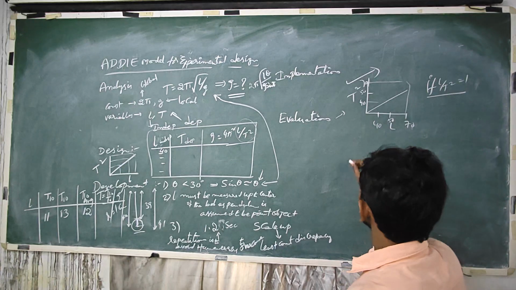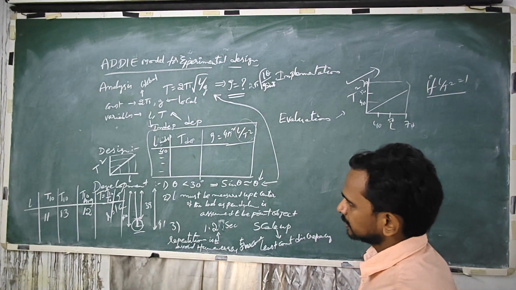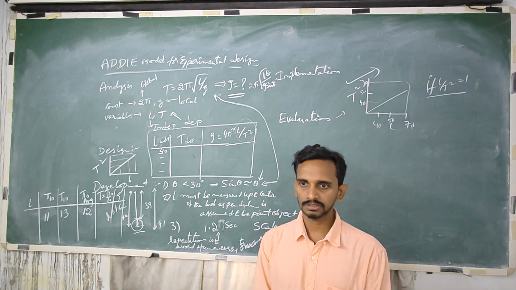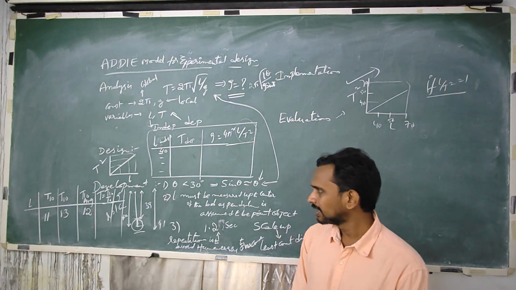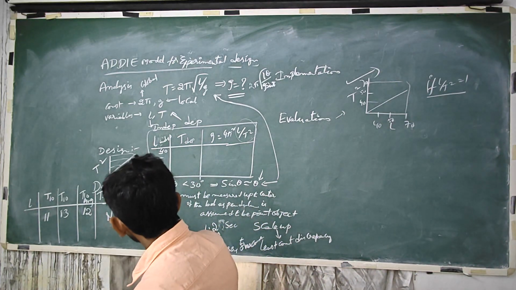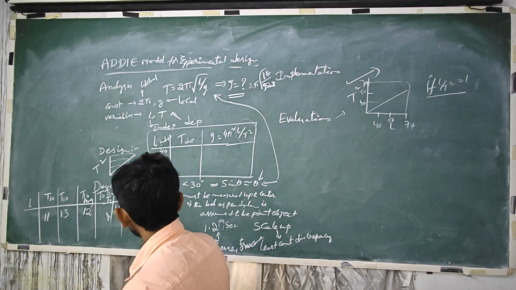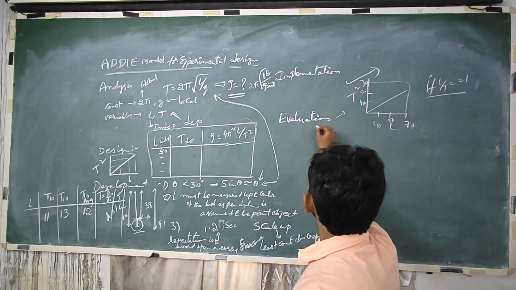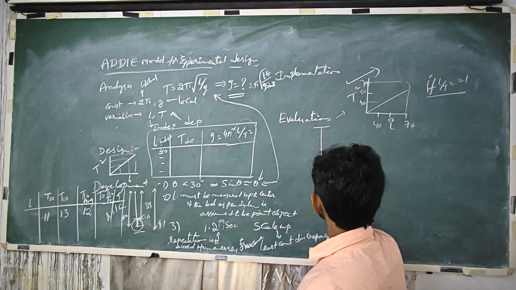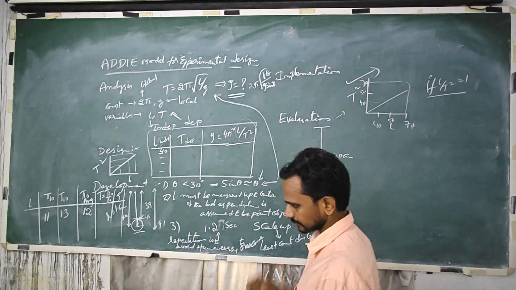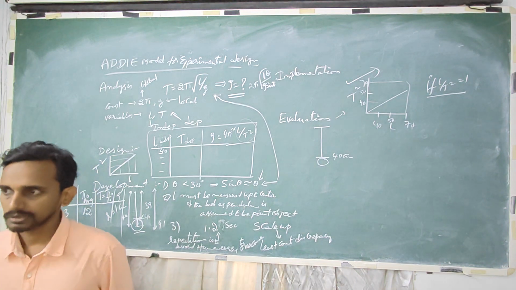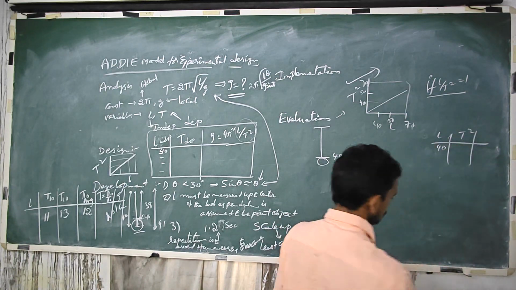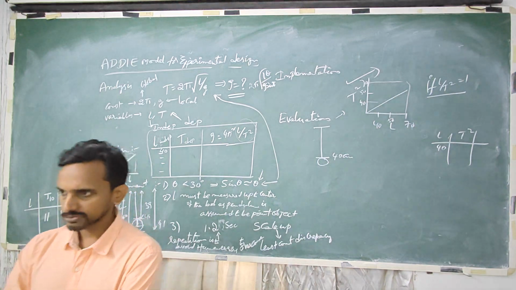And now let's say some user missed this rule, that length must be measured up to the center of the bob, and somehow he or she considered the length 40 centimeters up to here, measured the length 40 centimeters up to here, and he wrote 40 in the table. What value of T square will you get?